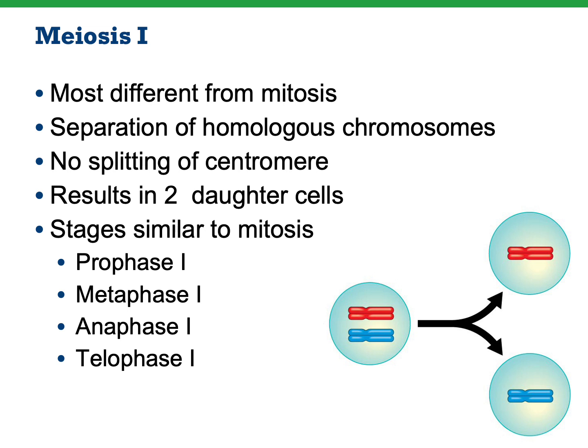Notice how in this initial split, the centromere is intact. Meiosis 1 results in 2 daughter cells. The stages similar to mitosis include prophase, metaphase, anaphase, and telophase, accompanied by a 1 referring to meiosis 1.